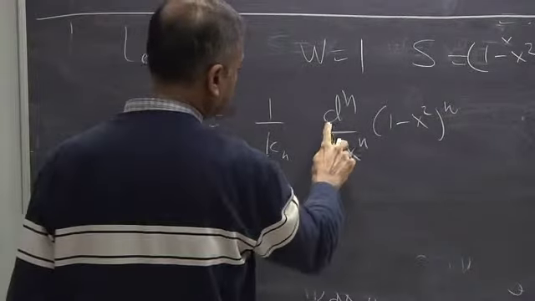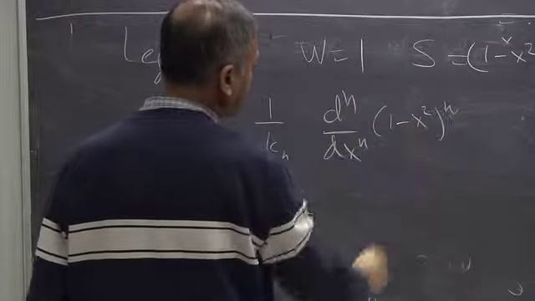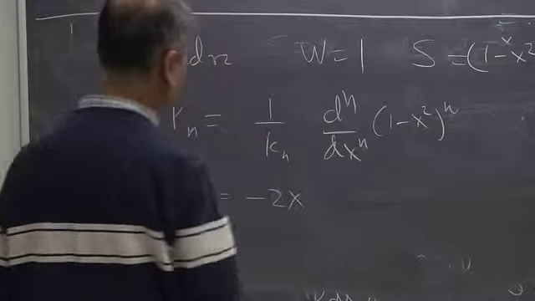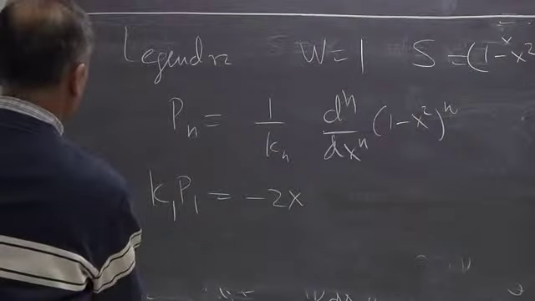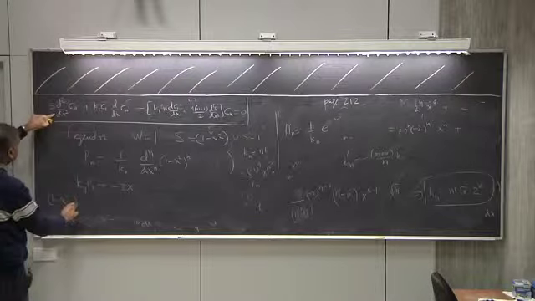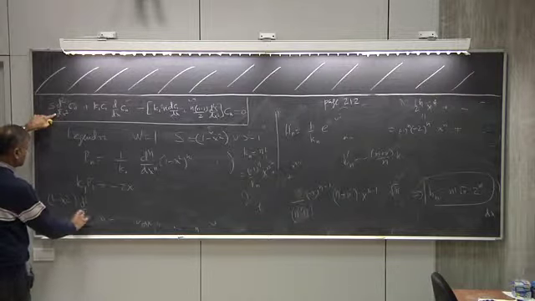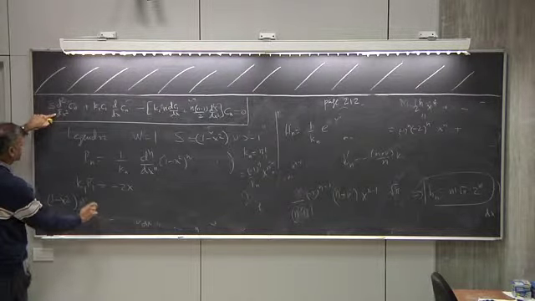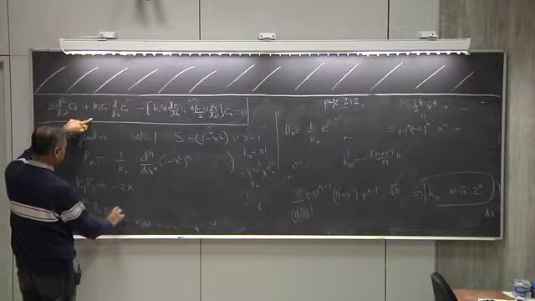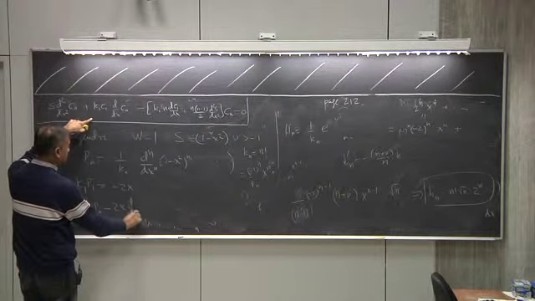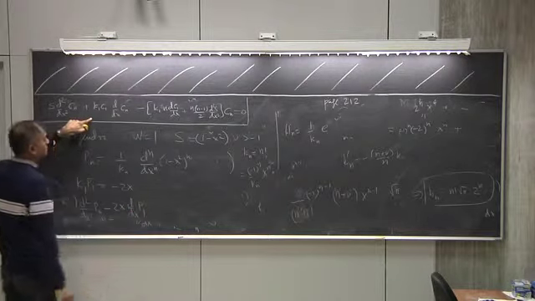K1 times P1 is simply d by dx acting on that with n equal to 1, which is minus 2x. Okay. So the differential equation becomes 1 minus x squared, that is s, d2 by dx2 Pn, minus K1 P1, so minus 2x d by dx P1.